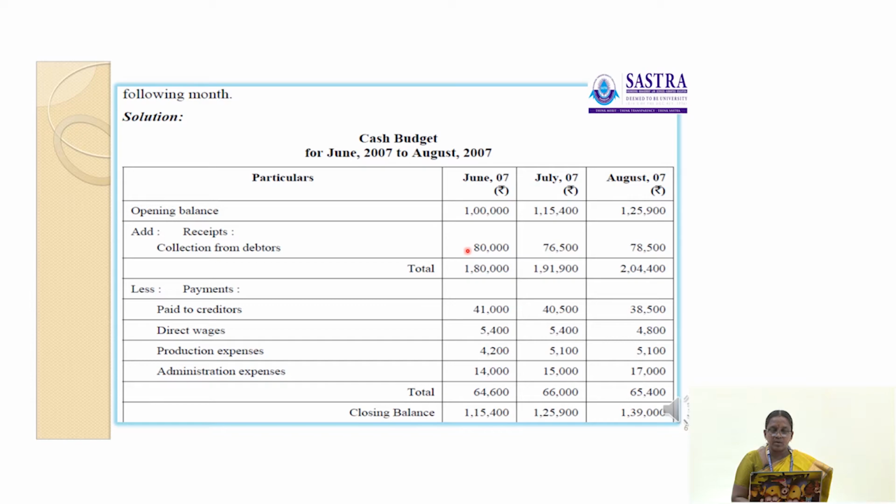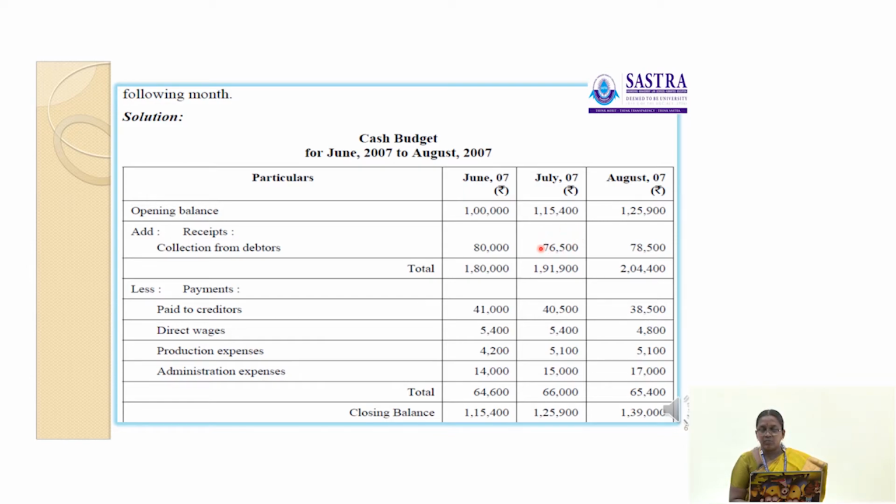So the cash sales of April are receivable in the month of June, after a 2 months period. In the month of June 2007, 80,000. Then May sales, after the 2 months period, are receivable in the month of July, 76,500.